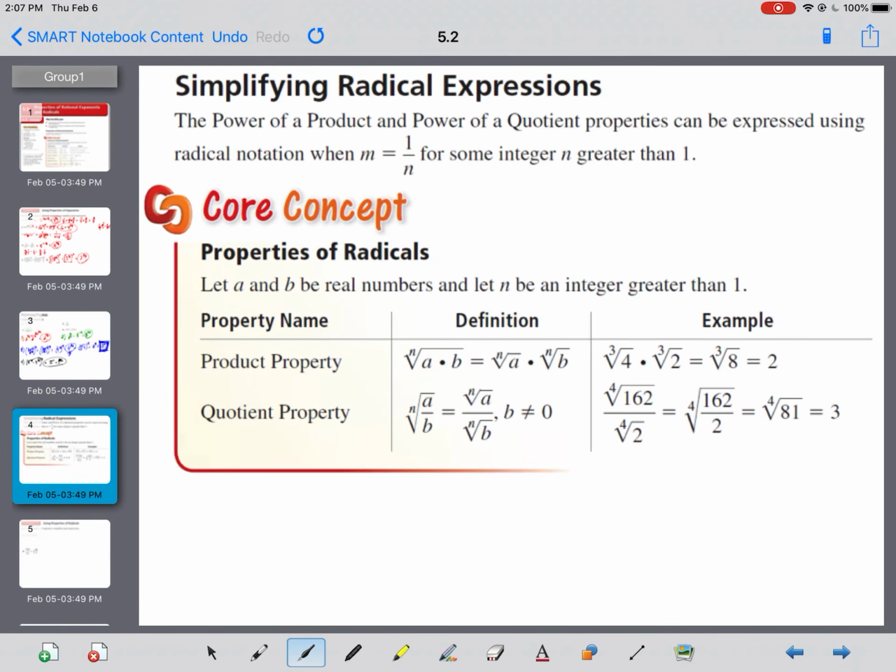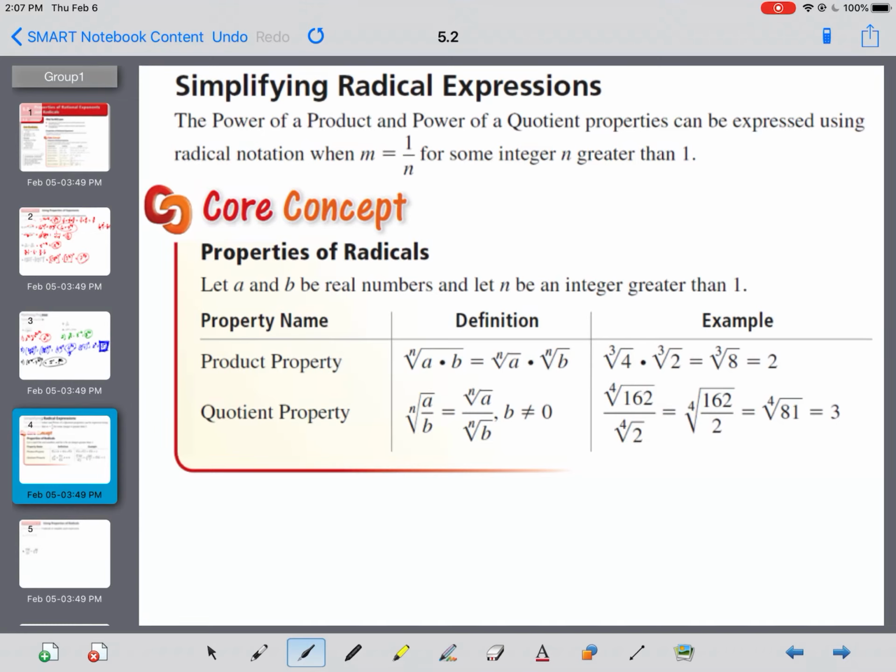Simplifying radical expressions. If it is a radical, you could also express it as a fractional exponent, and vice versa. So that's one way to help you get them simplified. The power of a product and power of a quotient properties can be expressed using radical notation when m equals 1 over n for some integer n greater than 1.